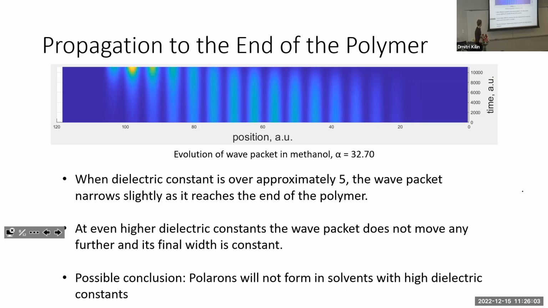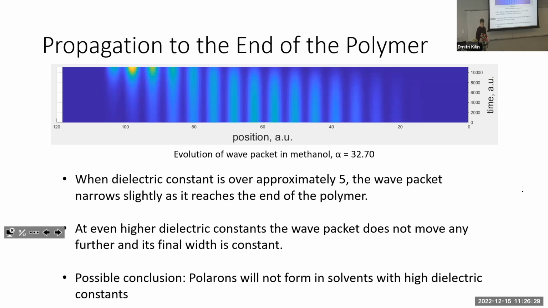So here we see with a really big dielectric constant in a polar solvent, methanol, the dielectric constant is 32.7 compared to 1.8, 4.3. It moves to the very end of the polymer, and it begins to narrow slightly.